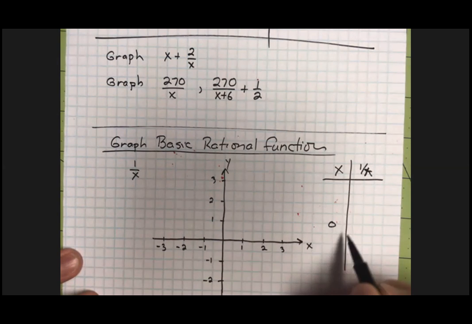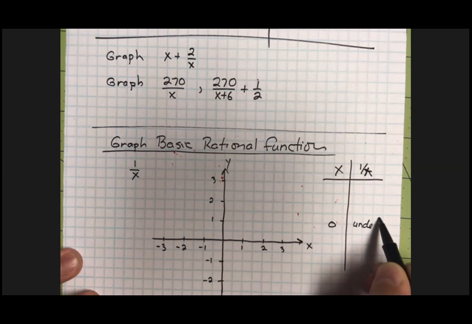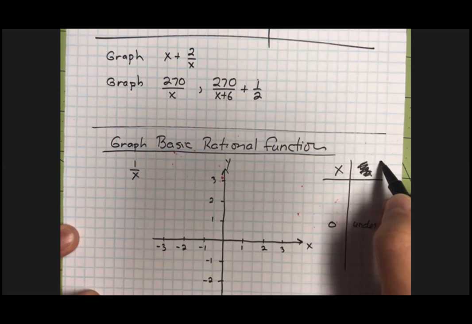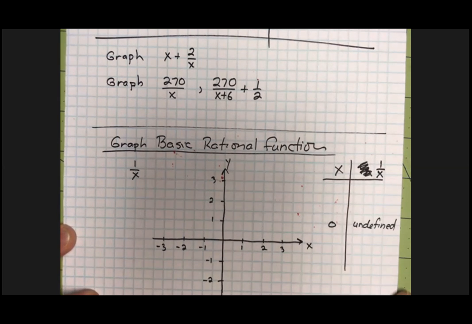I cannot put in x equals 0. There is no such thing as 1 over 0. So just like solving equations, I think I'll write that down. Don't do this. That's a terrible looking 1 over x. Sorry. I just looked at my screen and saw how bad that looked. 1 over x. Cannot put in 0.